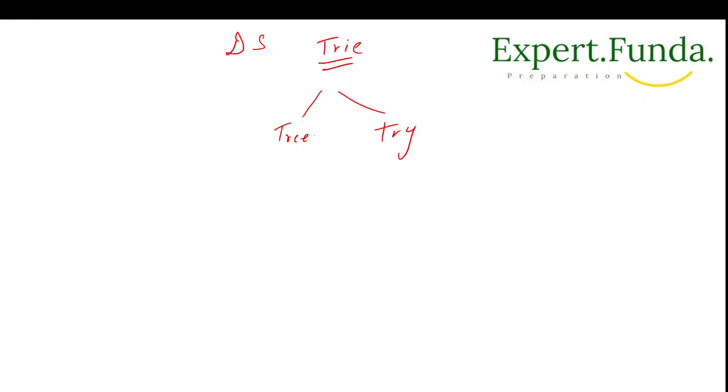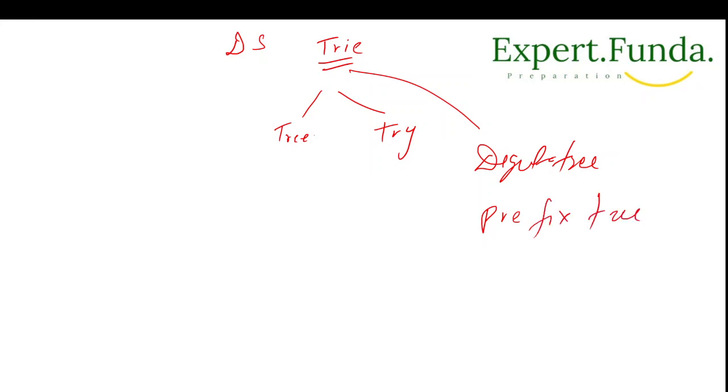A trie is also called a digital tree or a prefix tree.